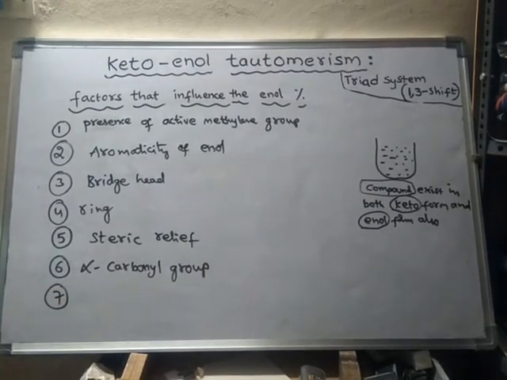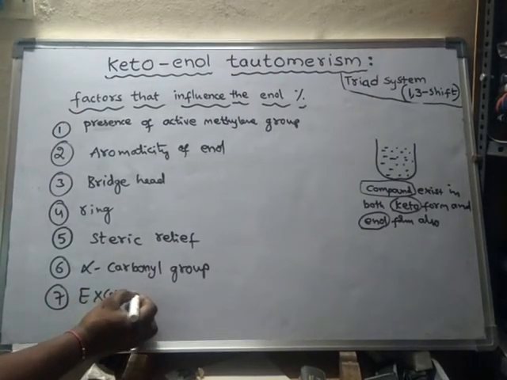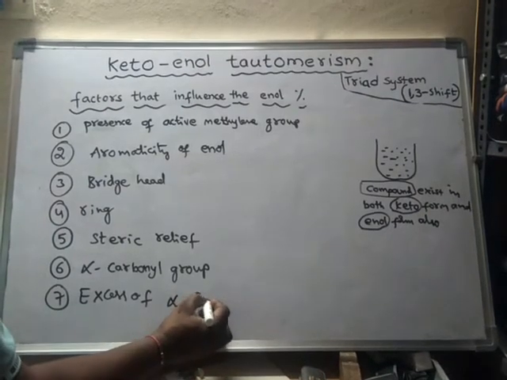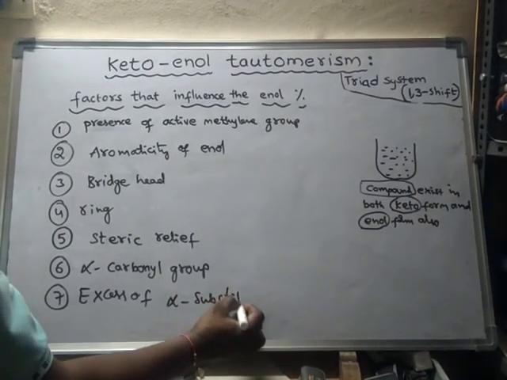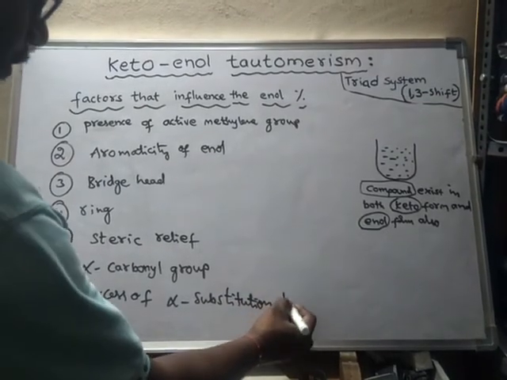Seventh one, excess of alpha substitution by fluorine.